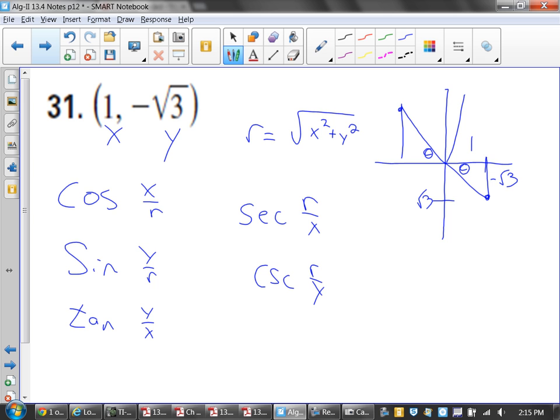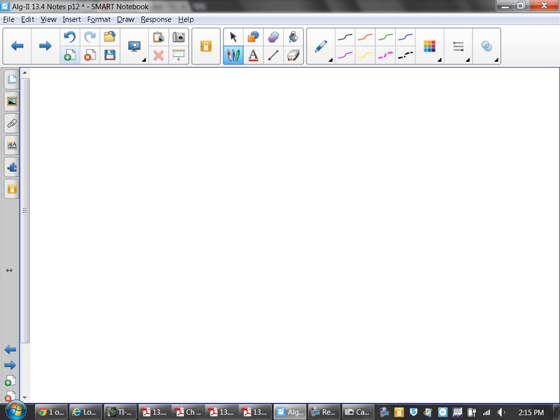Okay? What Leaf is getting at is, how do I write out my 6 trig functions here? That's what you're talking about. If I want to write out my 6 trig functions at (0, -1), what's your r value? 1.